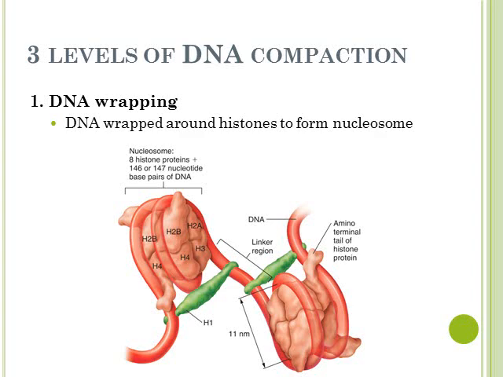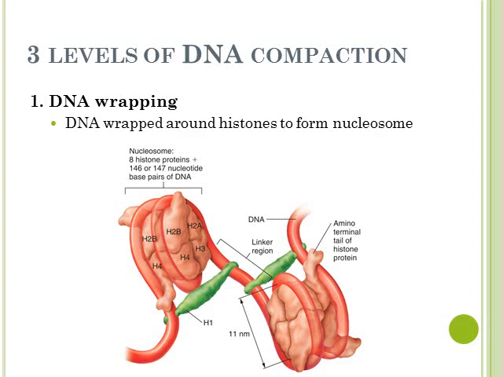If you look at the image here, the dark pink is our DNA strand, our DNA double helix strand. The light pink are those histone proteins. So we have 8 histone proteins, they come together, and then our DNA wraps around almost 2 times around one of these histone protein complexes.